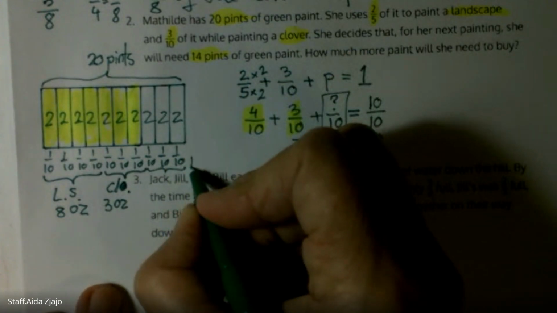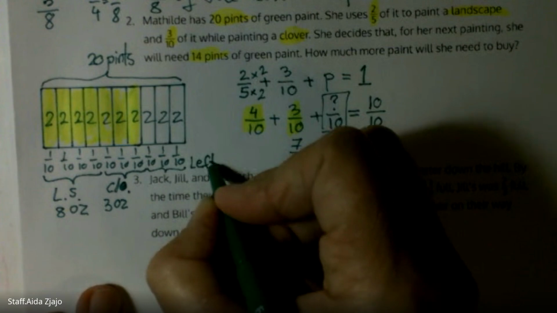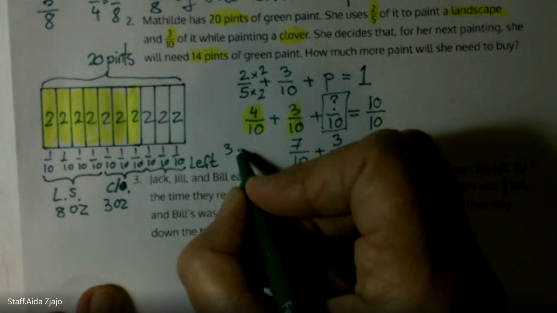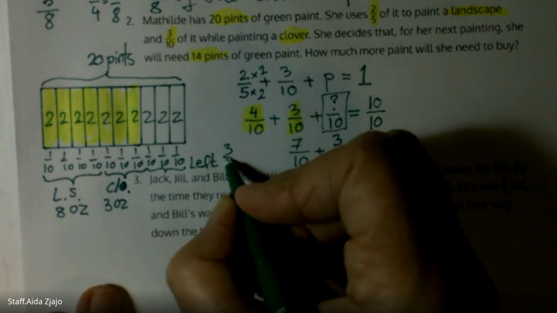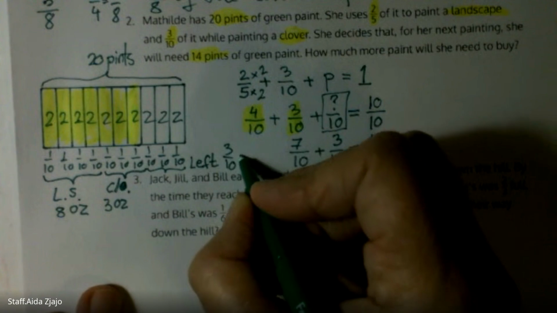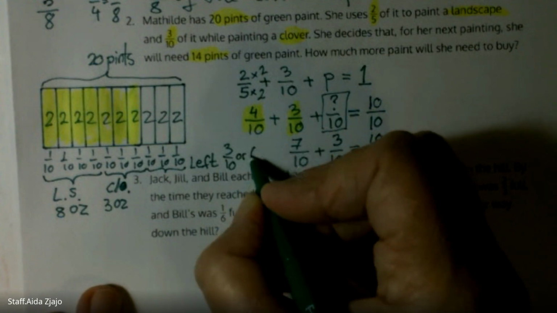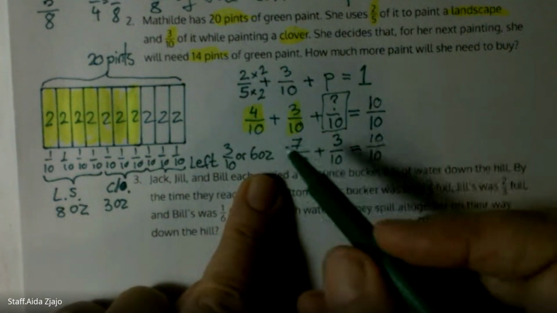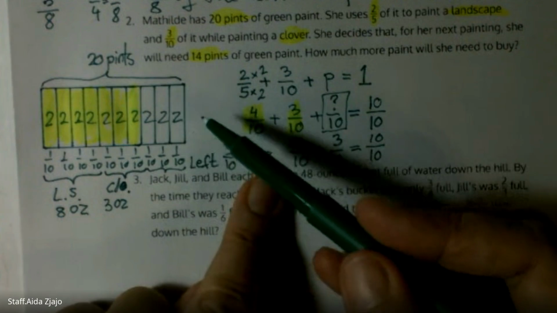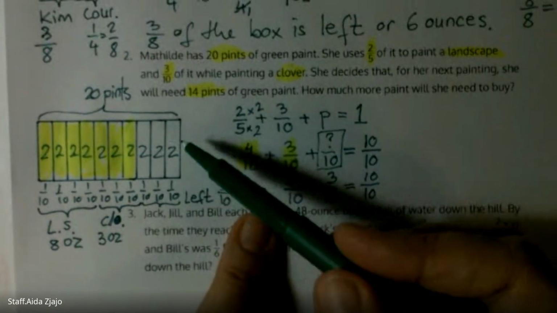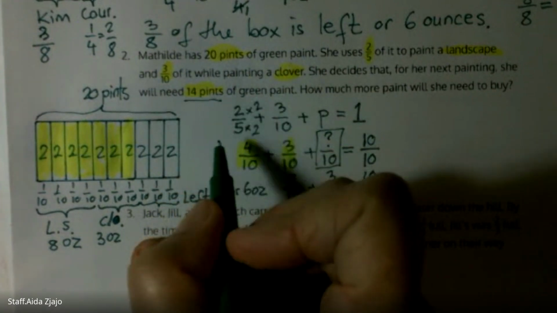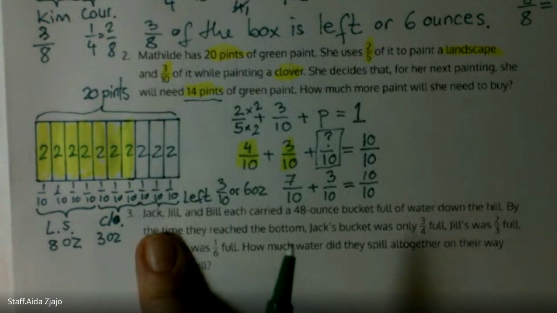I don't have room to write, but it's okay. Left three, 3/10 or 6 ounces. So now we need to understand that she will take these 6 ounces and then she will buy how much more to make 14.